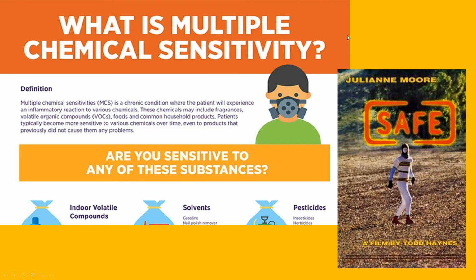This is a chronic condition where the patient experiences an inflammatory reaction to various chemicals, sometimes a fragrance, VOCs, foods, and common household products. They typically will become more sensitive over time. So this is really not fun. You can have a lot of different things that you are sensitive to.